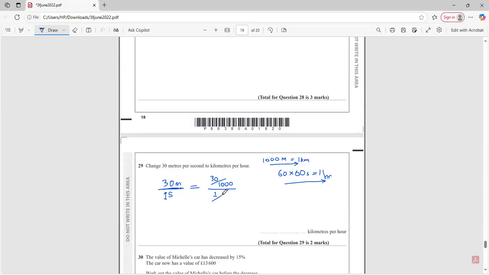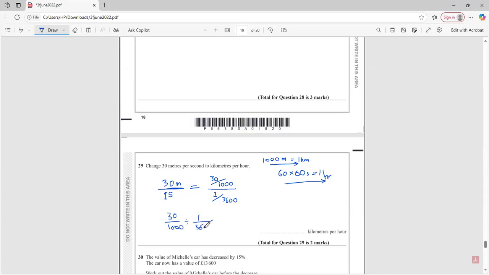Okay. 1 divided by 60 times 60, I'll just multiply it so that it will make things easy for me. 3,600. Okay, so let's see. What do we have here? So now what I have is 30 divided by 1,000, this is equivalent to, divided by 1 over 3,600.